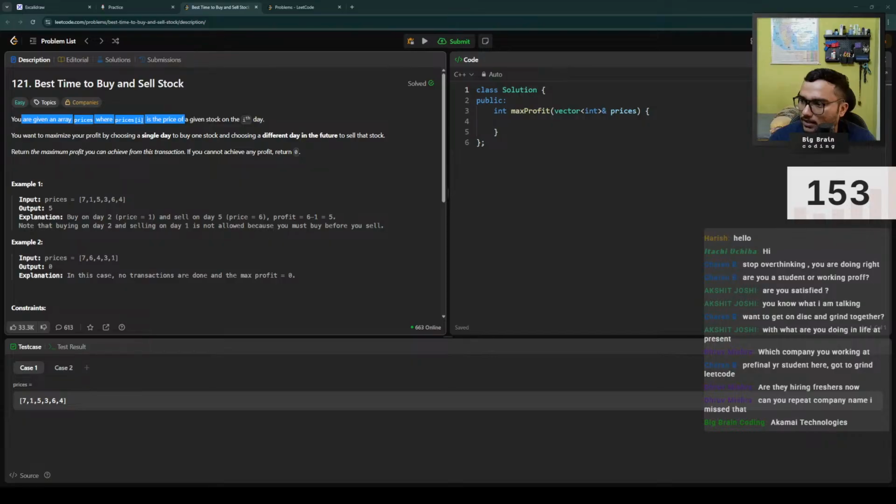I haven't used Discord for a while. I need to come up with a big brain coding server maybe, so that we all can join there. Add a server, confidential, direct messages.